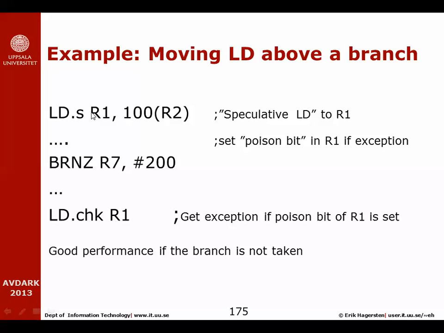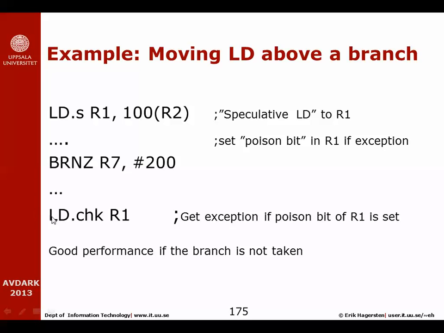Let's say that this is a 64-bit register. Doing that, we move it into R1, but then we have added a 65th bit, which is called the poison bit. And if this memory access caused an exception, TLB fault or whatever, then we're going to set the poison bit so that 65th bit of this register is now going to contain a 1, but life goes on. We just continue executing. We take this branch and we branch whatever we normally branch when we execute that branch.